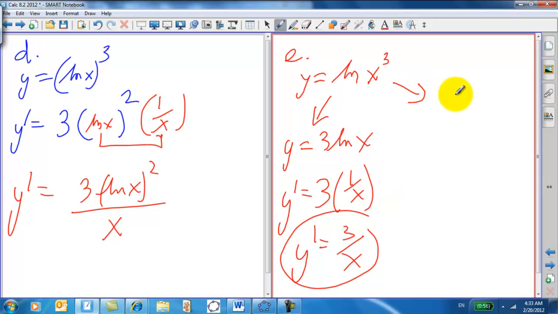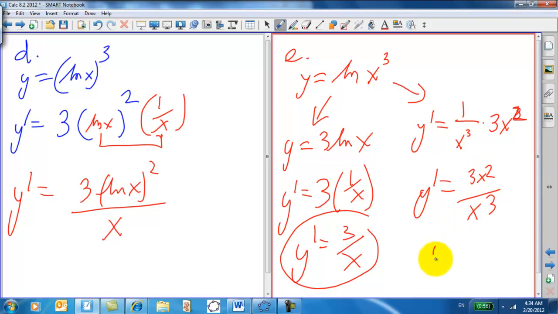The other approach is to start doing the derivative right away. So you've got 1 over everything inside the natural log, that's 1 over x cubed, times the derivative of the thing inside the natural log, using the chain rule, 3x squared. So you get the derivative equals 3x squared over x cubed. And again, you get the derivative as 3 over x.